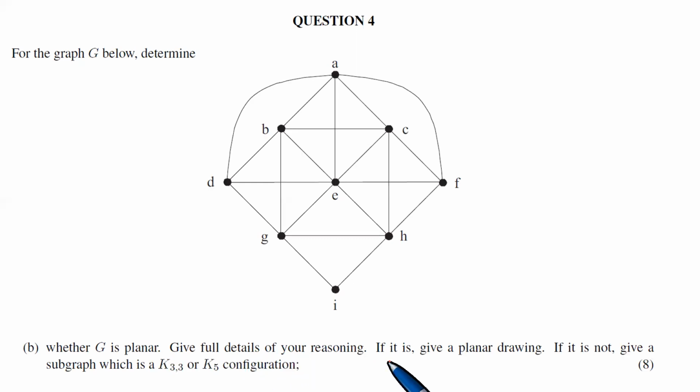Give full details of your reasoning. If it is, give a planar drawing. If it is not, give a subgraph which is a K33 or a K5 configuration. We discussed configurations, but we'll discuss them just now.